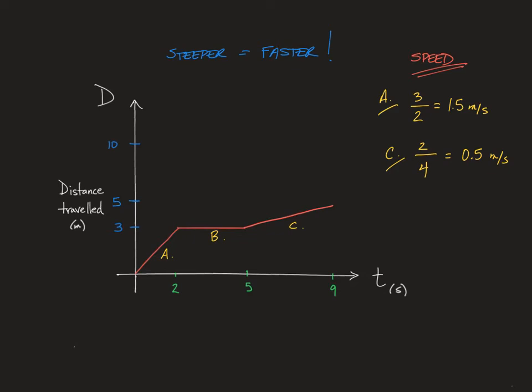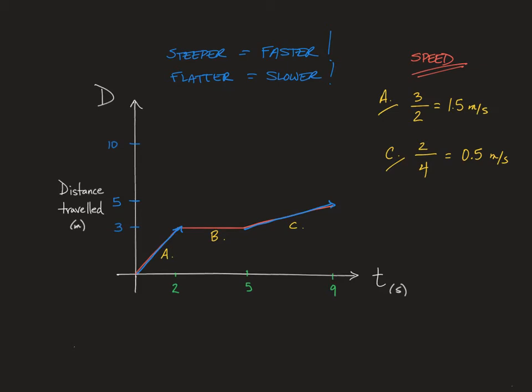We traveled faster during segment A, 1.5 meters per second. We traveled slower on C, only half a meter per second. Therefore, we were traveling faster in segment A. Segment A is a steeper line than segment C. Looking at it the other way, flatter means slower when we're talking about speed from distance-time graphs. This is a huge thing for us to be able to interpret a graph quickly.